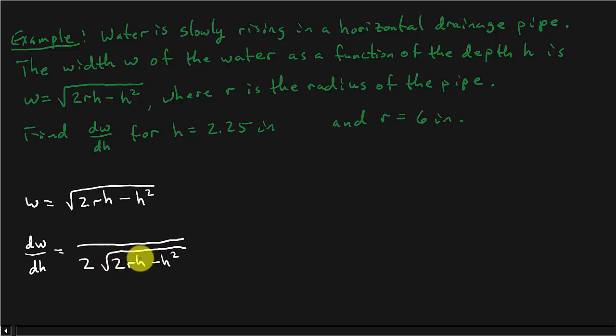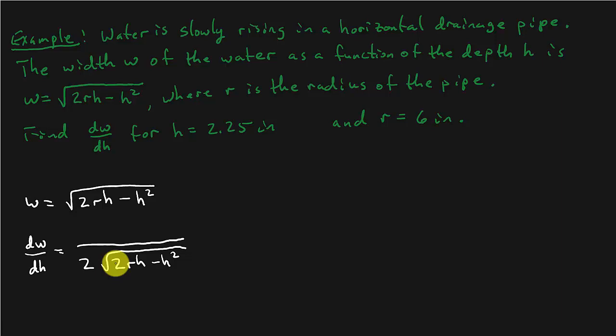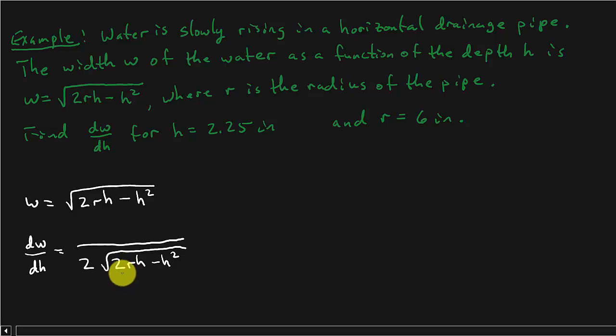So the derivative of 2RH: 2R is a number. You've got a number times H. What's the derivative of 5H? 5. What's the derivative of negative 6H? Negative 6. What's the derivative of 2RH? 2R, minus 2H.